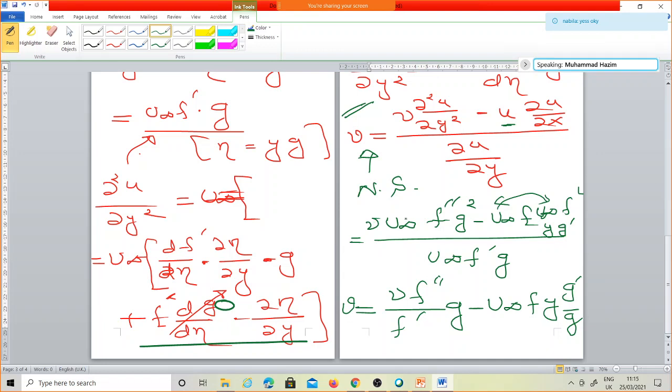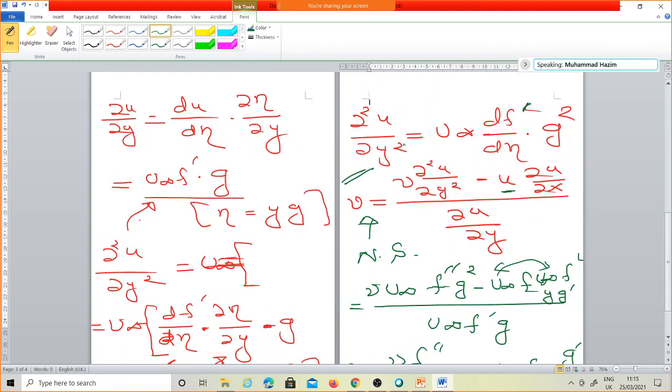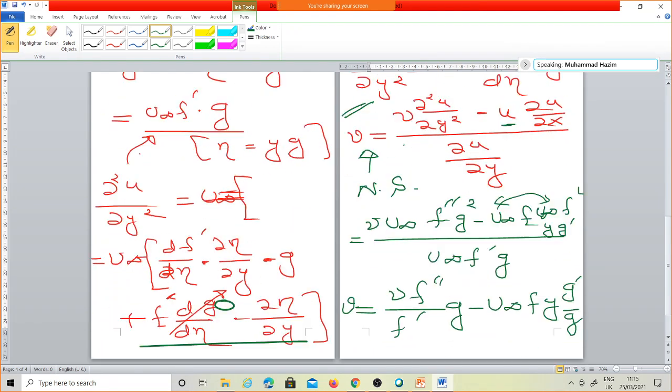Which part? I don't understand u infinity, this one, u infinity minus f, and then u infinity f y g prime, correct? Which one? Here or here? Yes, here. Okay. This one is u infinity, because u is equal to u infinity multiplied by f.